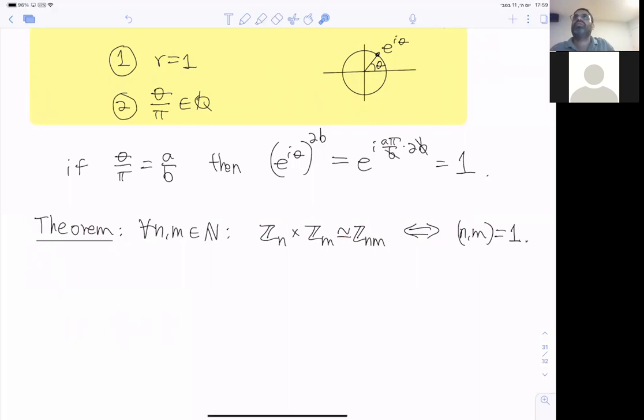It's even an isomorphism of rings, for both plus and multiplication. Any element here, we can think about modulo n and modulo m, and this f will be both injective and surjective and a homomorphism. So we have seen this direction.